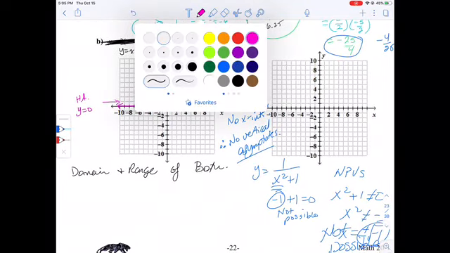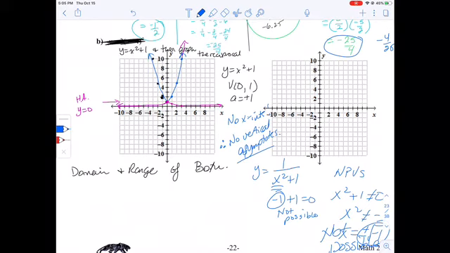If I'm looking for the domain and range of both functions, then I know that for my original function, the domain is the set of all x such that x is all reals, and my range is the set of all y's such that y is greater than or equal to 1.